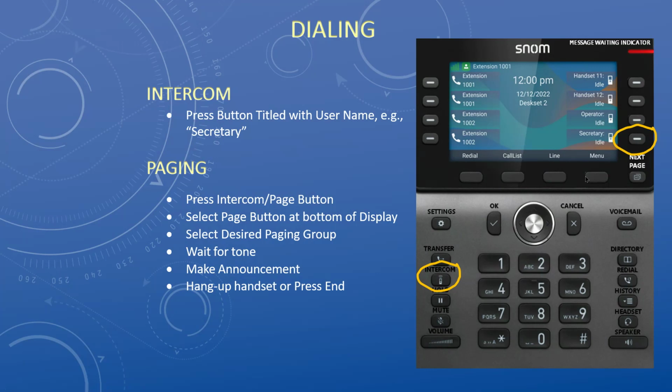You'll select page. The display will change and show you a list of paging groups. In your case, currently, there are 3 paging groups set up on the system. There's Suite 707, Suite 306 and 309, and Page All. So you select whichever desired page group you want to page to, wait for the tone, make your announcement, and then hang up the handset or press end.